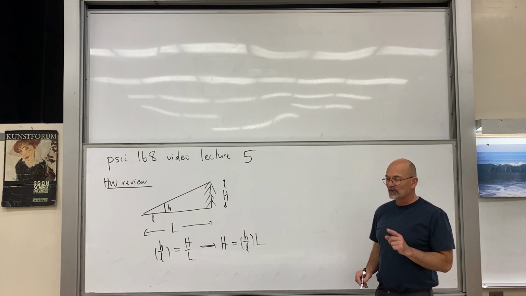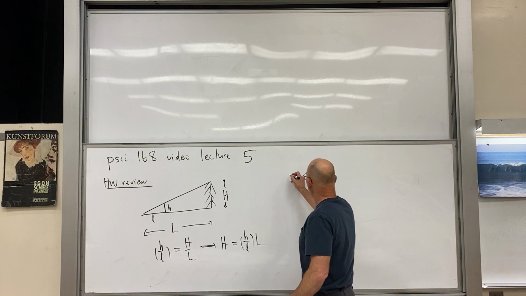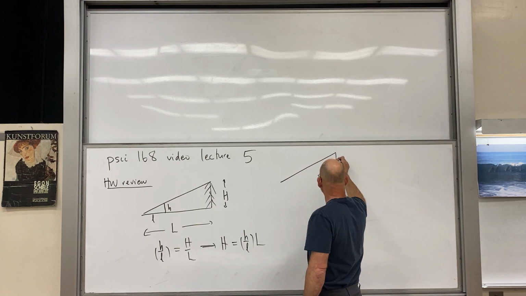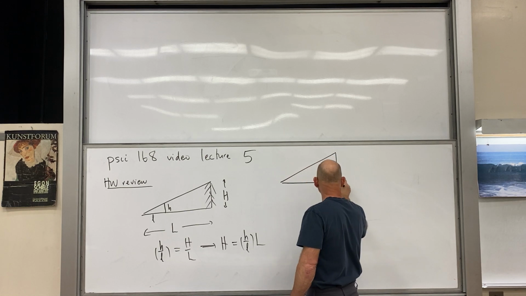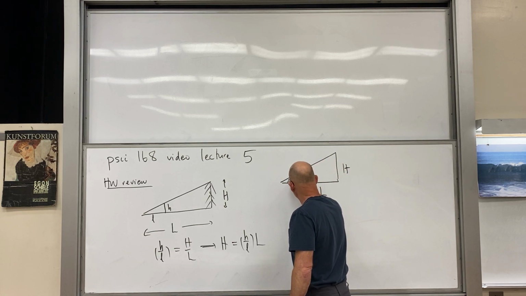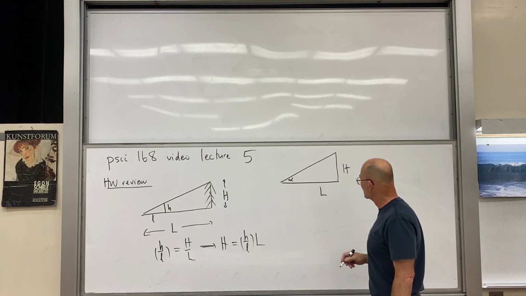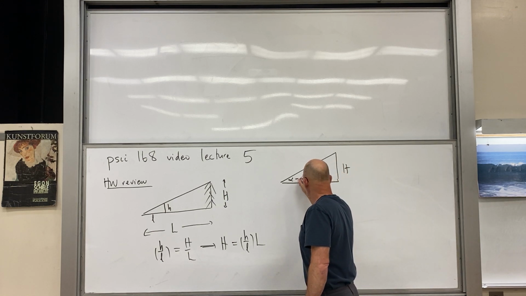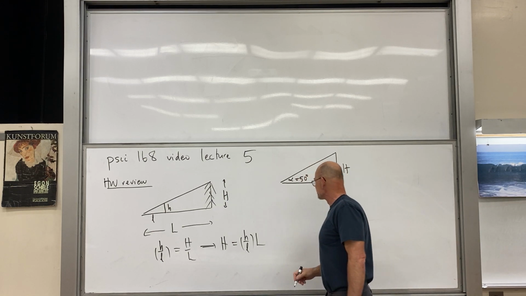Now we put some numbers in, and I did give you a trig function. I said, here's the h, here's the L, and here's the alpha, and I said alpha was 50 degrees.